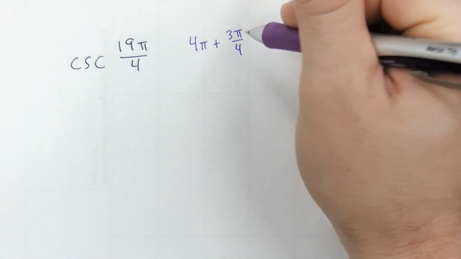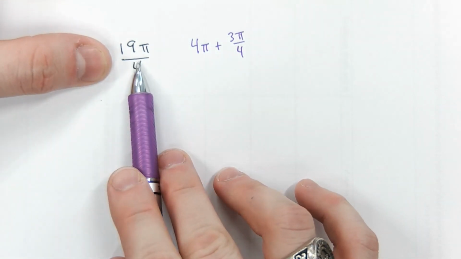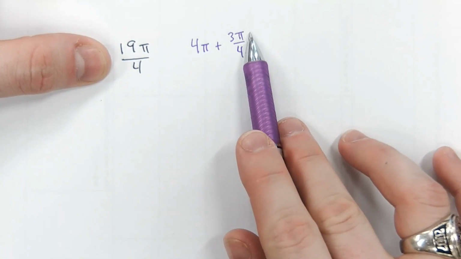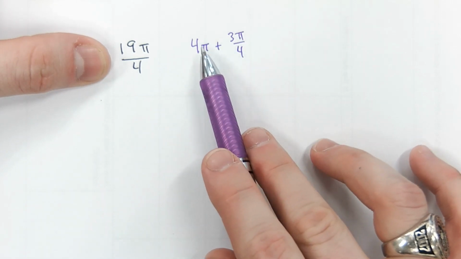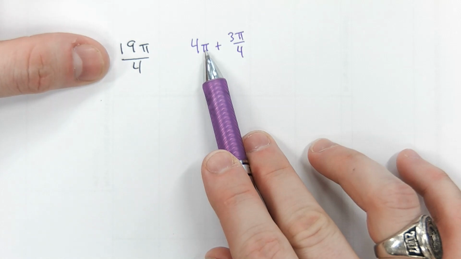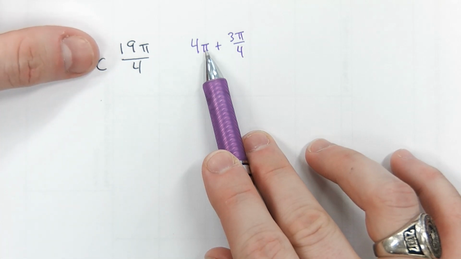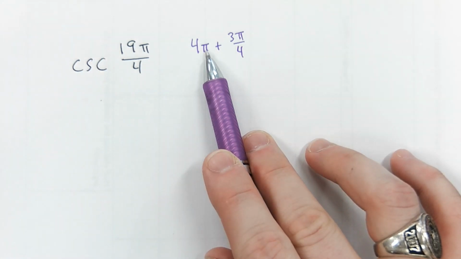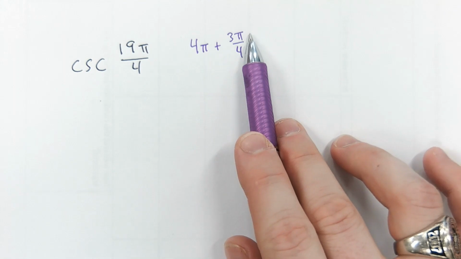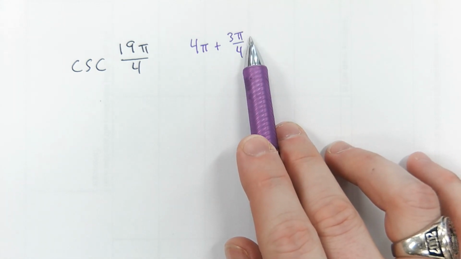So this angle of 19 pi over 4 is 3 pi over 4 after 4 pi. Well, 4 pi is an even pi. 4 pi then is the positive x-axis. This is 3/4 of the way to the next pi, so almost to the 5th pi.